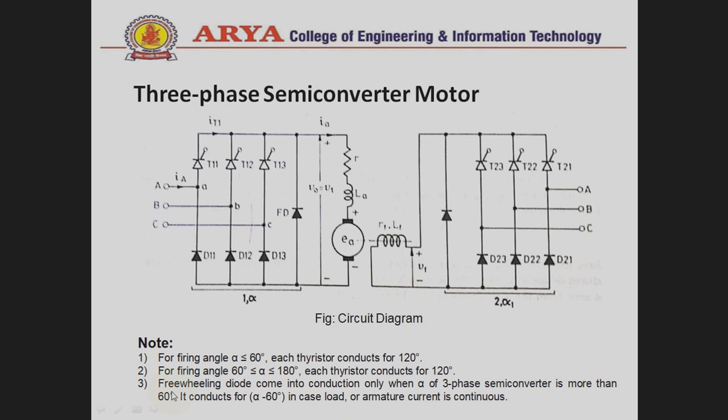It means when alpha is greater than 60 degrees, the freewheeling diode will conduct in the circuit to keep the armature current constant.